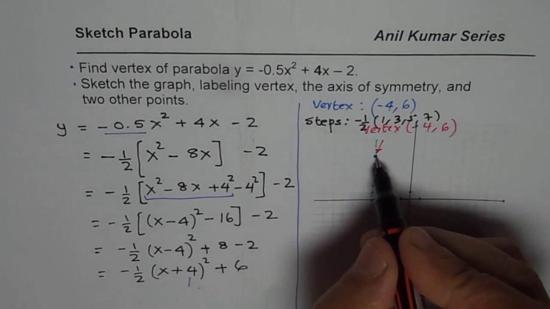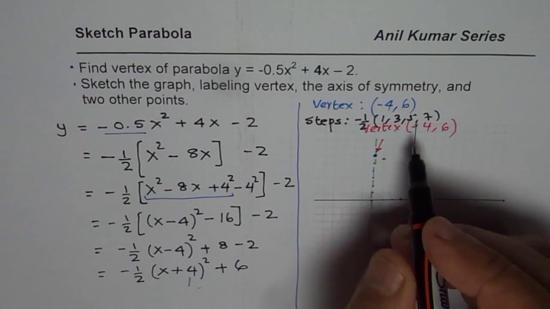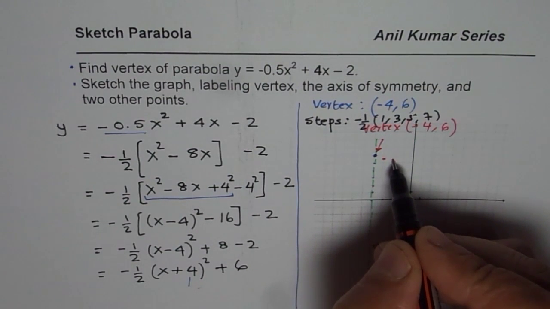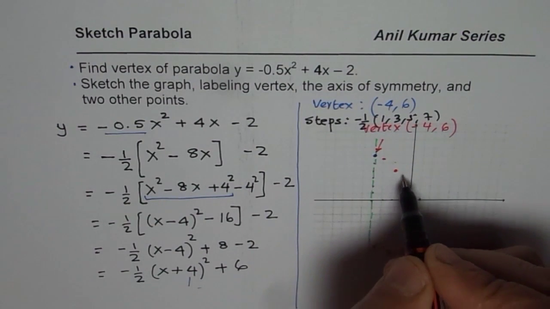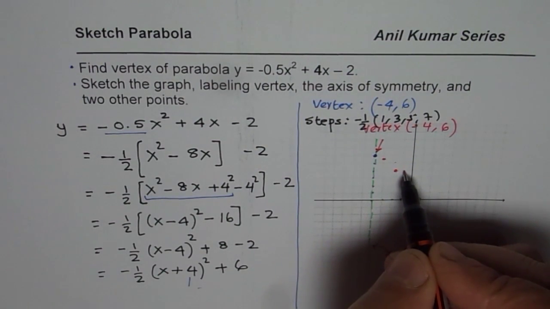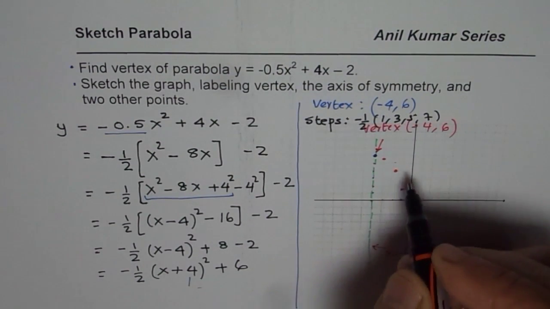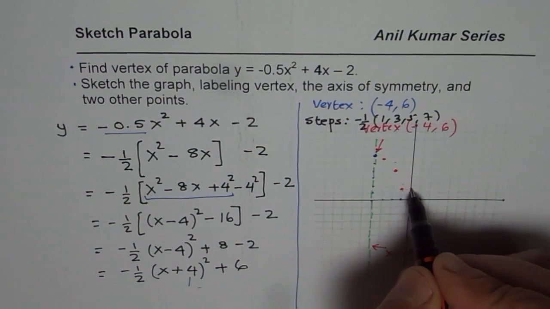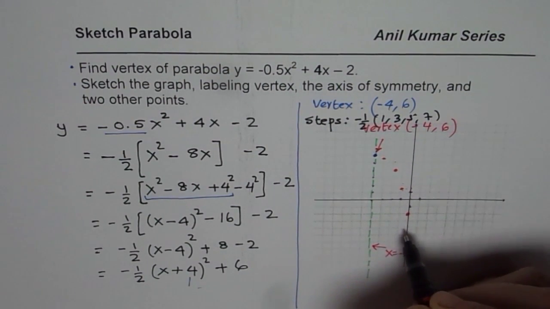If I move 1 unit to the right, I have to move half down, that is minus half. Then the next unit right, I have to move 1.5 down. There you are, correct? Next unit right, 2.5 down, and likewise. And then 3.5.